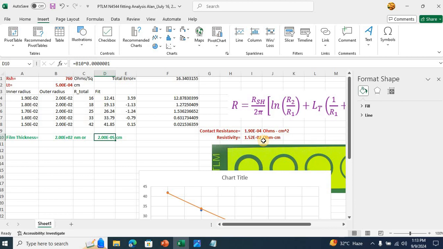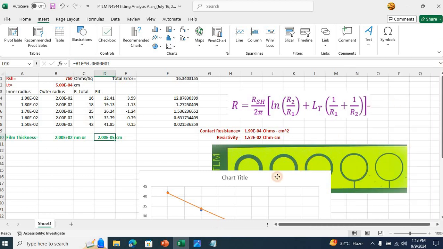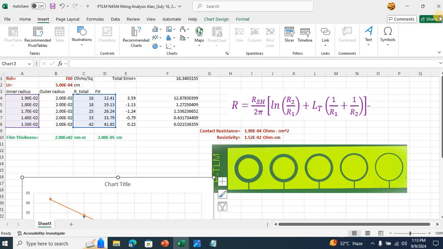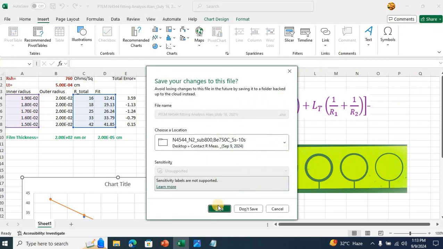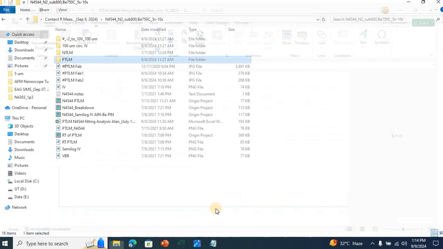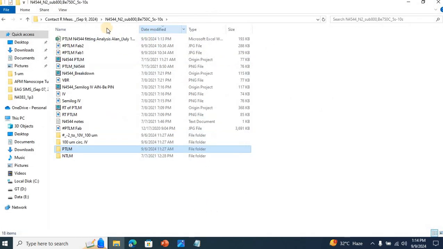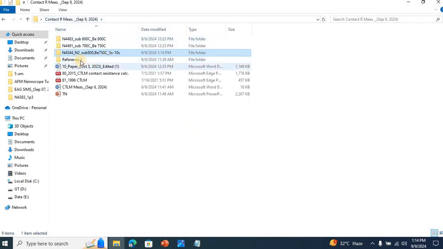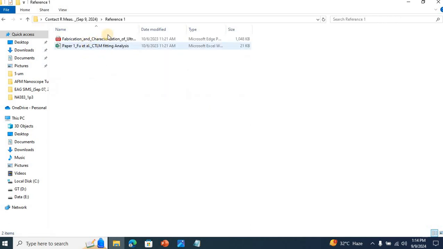So it has got a good contact resistance, and this film has got a good resistivity as well. This is a sample that I've personally grown and characterized as well. I'm going to show you another example on how to apply the contact resistance, and this is actually a paper.